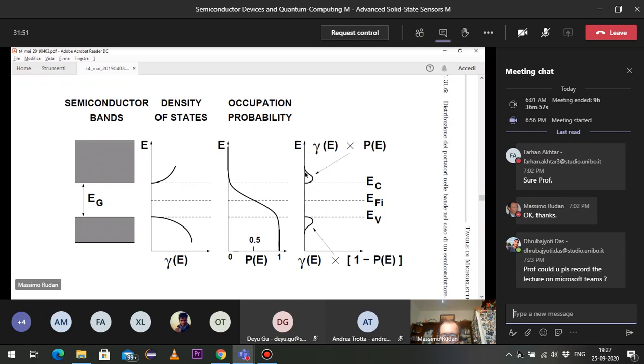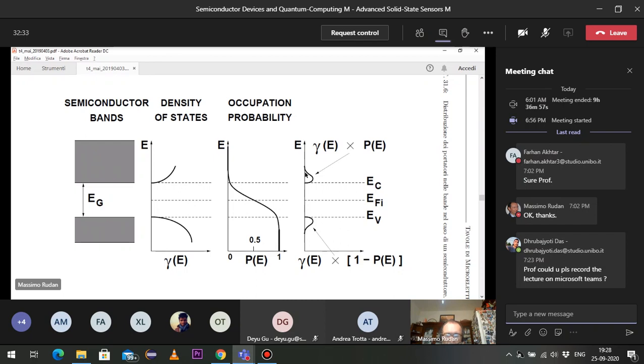It is of interest to understand what happens in a semiconductor when we change the temperature. When we increase temperature, for instance, the Fermi statistics will deform so that the probability of occupancy of the conduction band will increase. So the population of electrons of the conduction band will increase. But at the same time, the probability of occupation of the valence band will decrease.